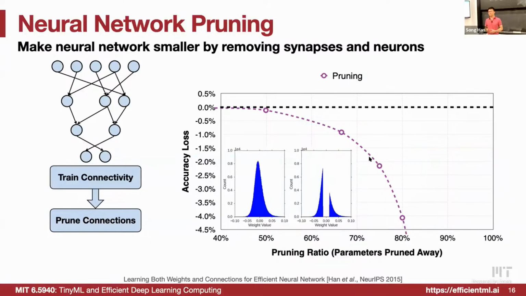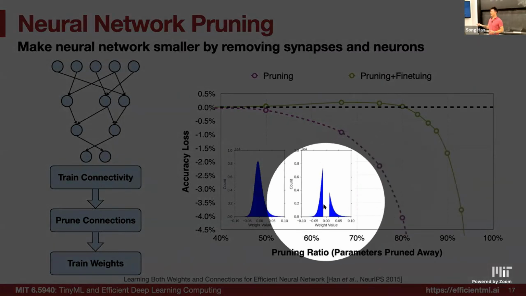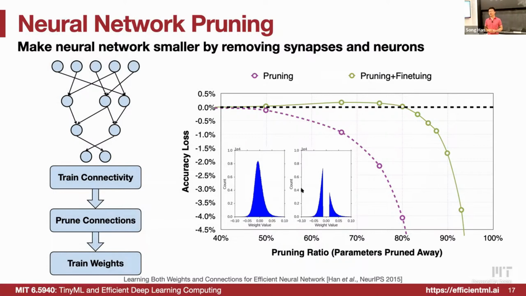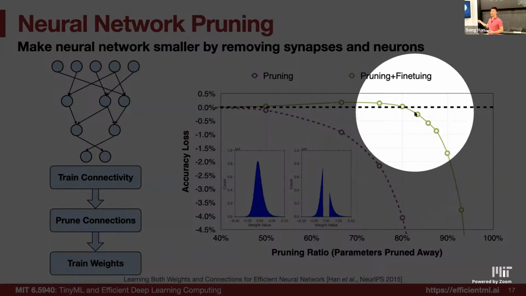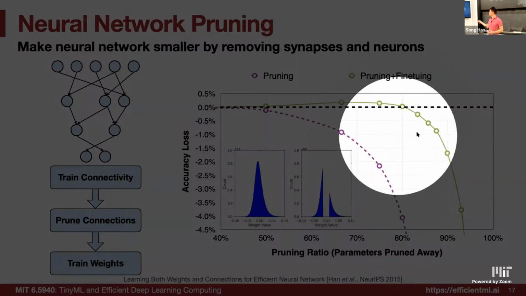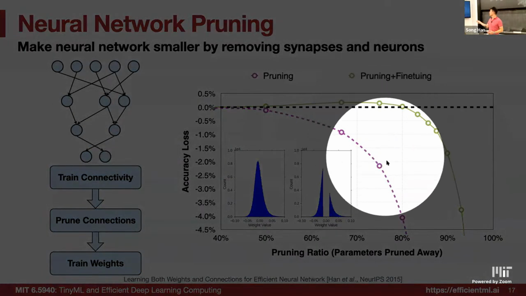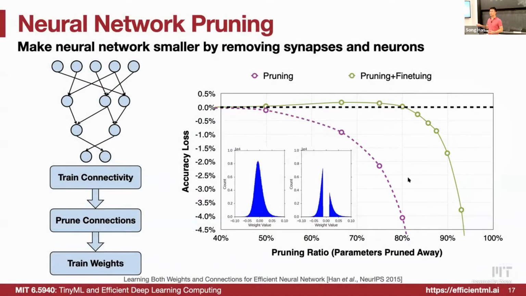Can we do better? We can actually train the remaining weights to recover the accuracy. So compare this one versus after we train the remaining weights that survived the pruning. Actually the curve moved to the upper right corner. What does moving to the upper right corner mean? We can prune more parameters, or we can achieve higher accuracy given the same pruning ratio.